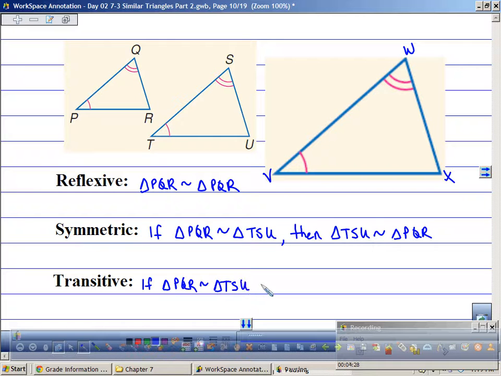Triangle TSU, and triangle TSU is similar to triangle VWX, then PQR is similar to triangle. Good job, guys. VWX. So this is saying that when we're using similarity, similarity is reflexive, symmetric, and transitive. Okay, is that clear?